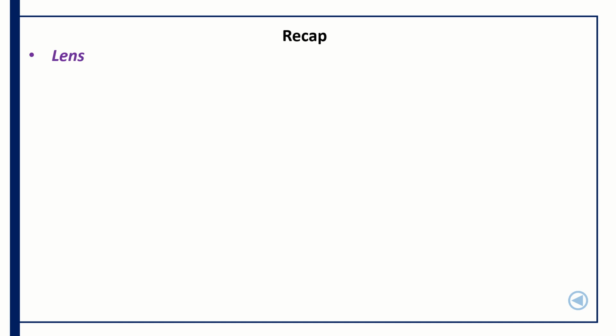So, what we learnt in our previous session? We learnt about lens. Lens is a transparent material which is part of a spherical surface. So lens is a spherical surface which allows light to pass through it.